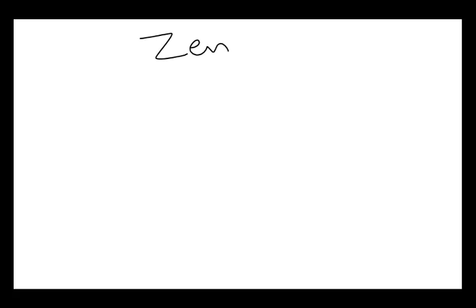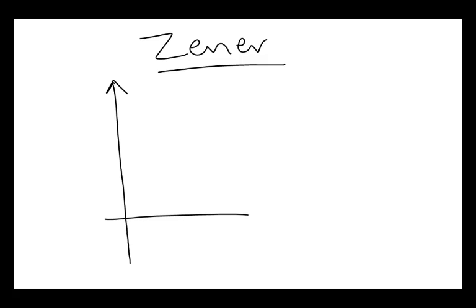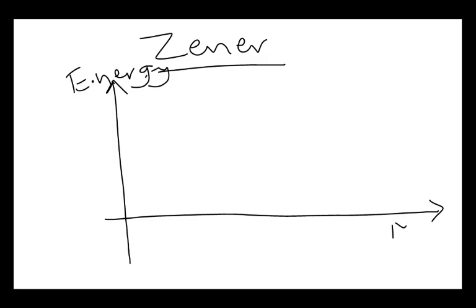Now let us look at the Zener breakdown. This requires some knowledge of physics that was studied in the past. Let us draw an energy band gap graph. So this is energy, and this is the material.